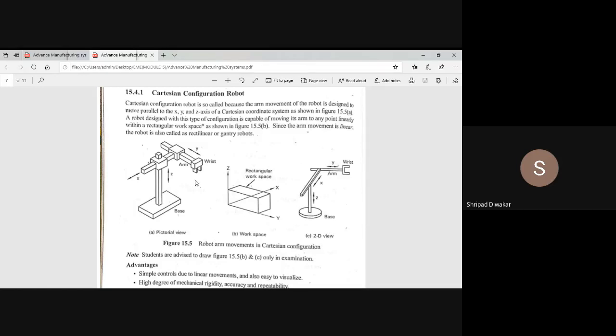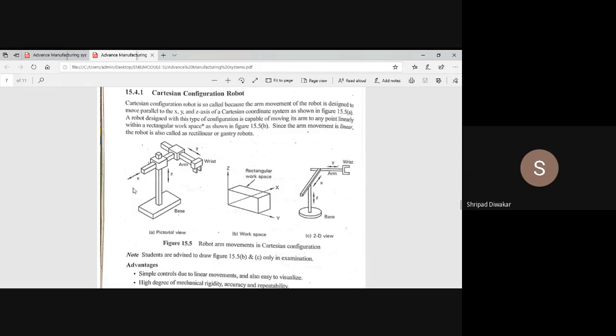Here the arm movement is linear in nature, not rotational. Hence this robot is also called a rectilinear robot or gantry robot. Another name for the Cartesian robot is linear robot, because the robotic arm moves in linear directions.